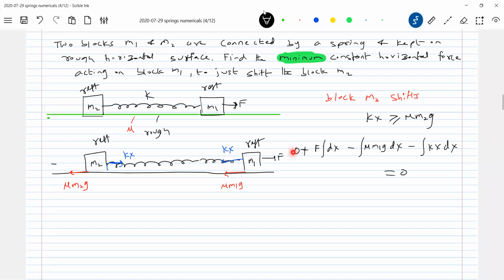Initial kinetic energy, Ki, what is it? That will be 0. F into x equals mu m1g x plus kx squared by 2.